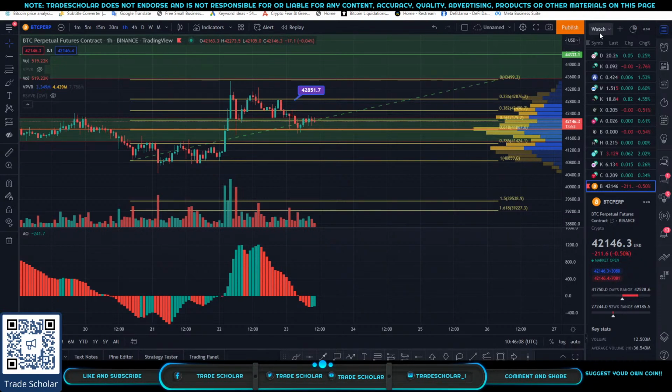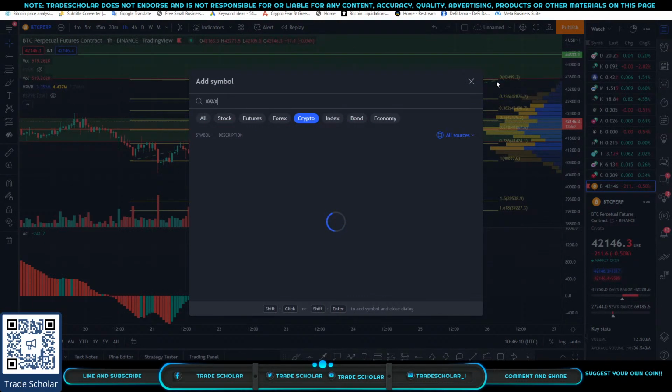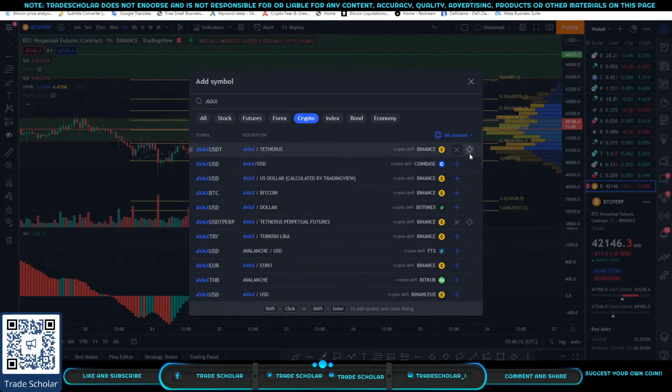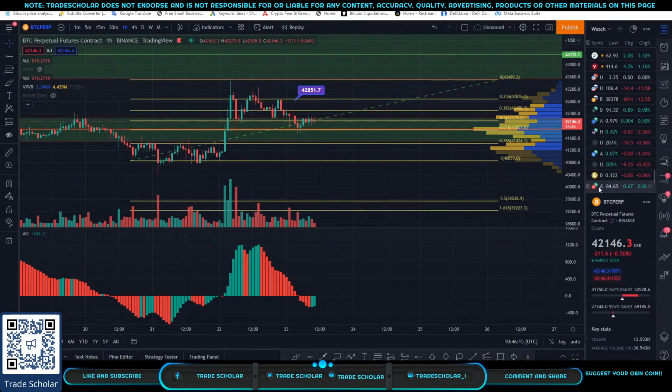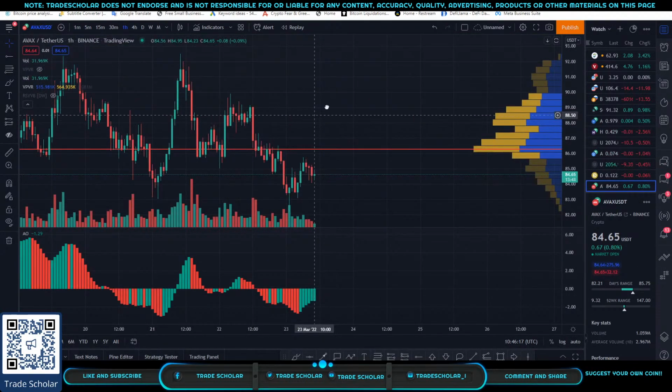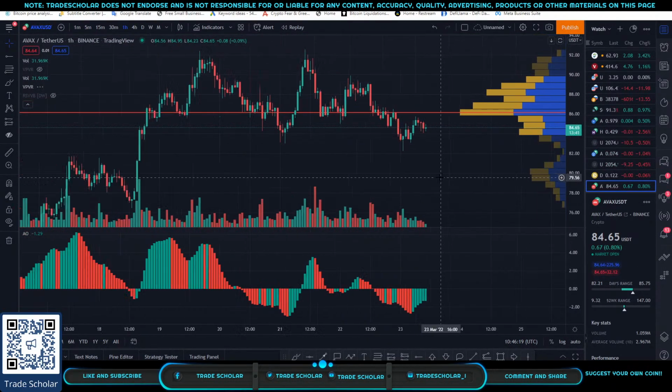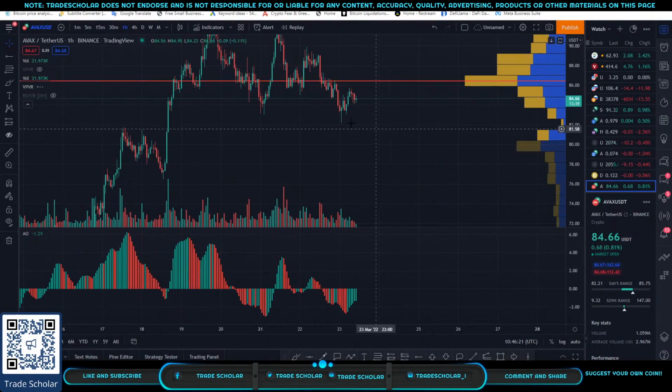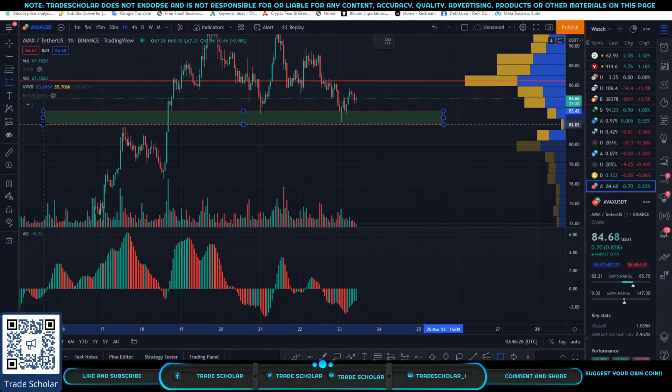AVAX and FTM. Okay, let's check. AVAX for you. We can find a base zone, base bounce in this area.